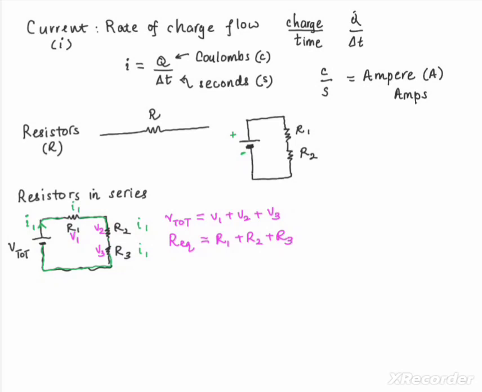So if R1 was 1 ohm, R2 was 2 ohms, and R3 was 3 ohms, then Req would be 1 plus 2 plus 3, which is 6 ohms.